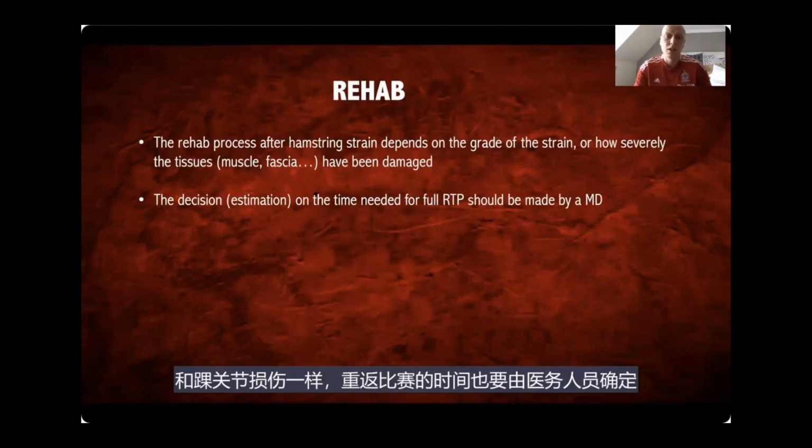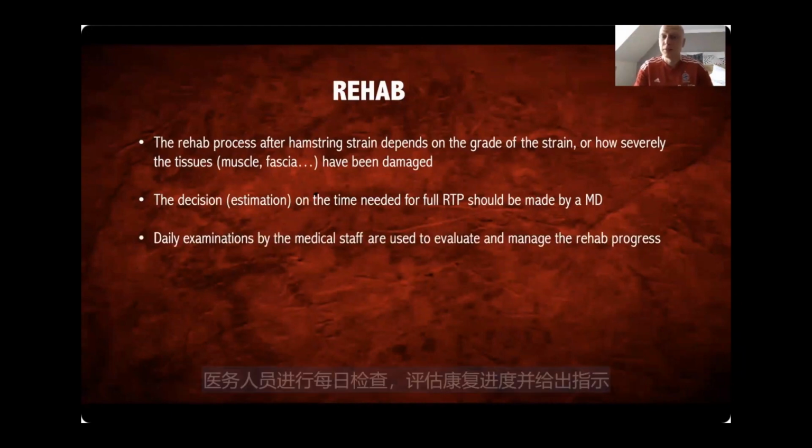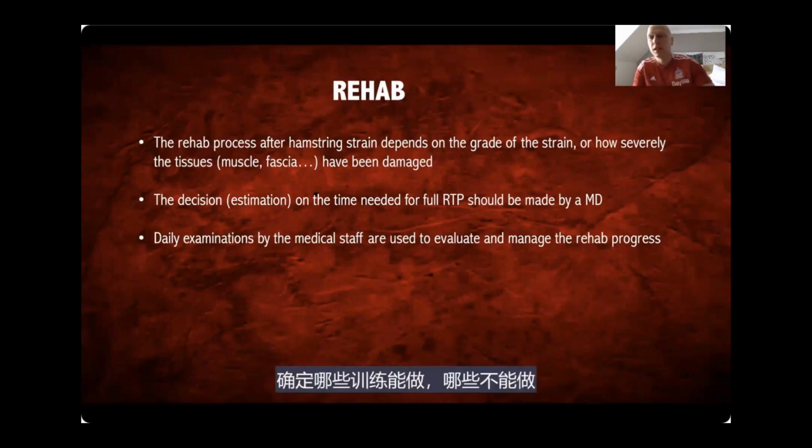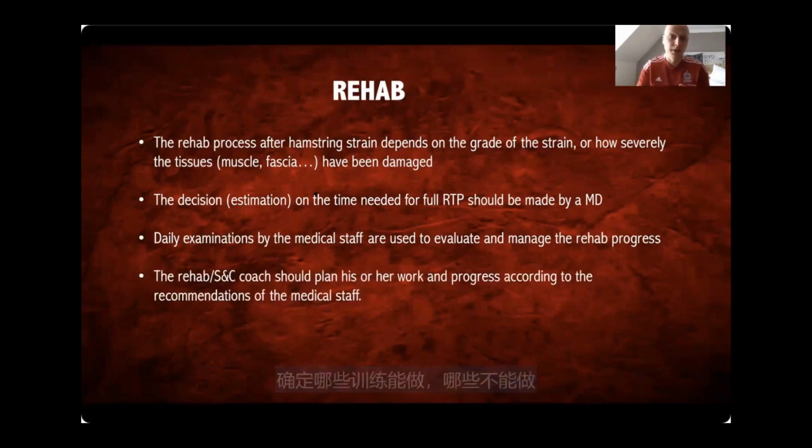The decision on time the player needs to come back to return to play should be made by a medical doctor, and then daily examinations should be made by medical staff so they can know if player improves, and also to give us instructions what to do and what not to do. So what is indicated and what is contraindicated in training and rehab process.